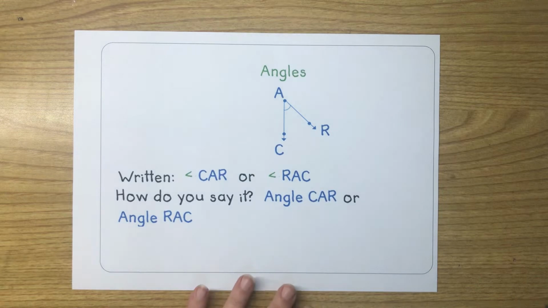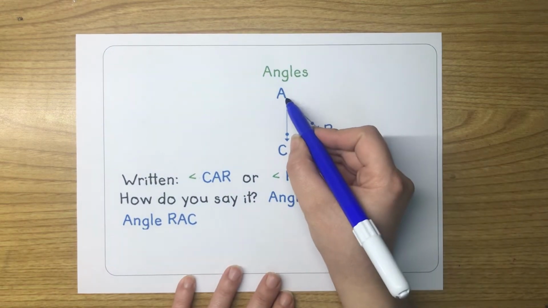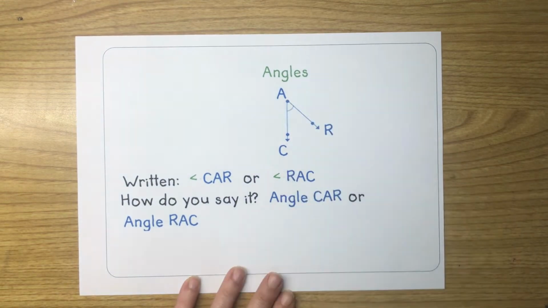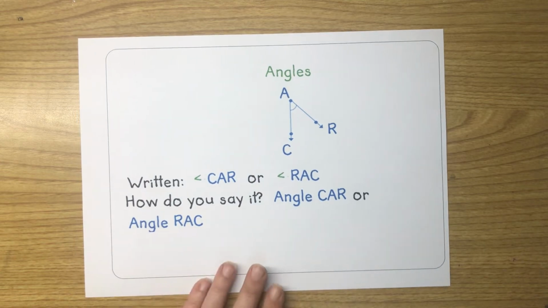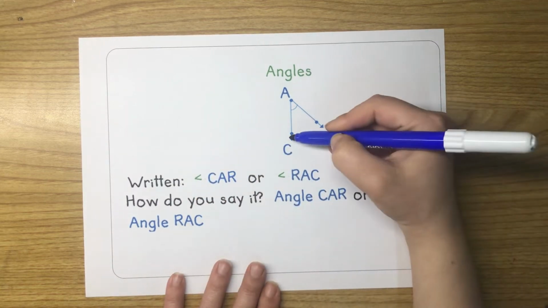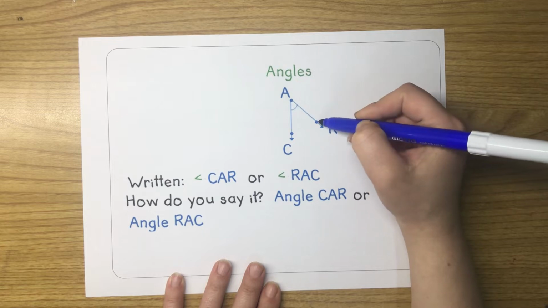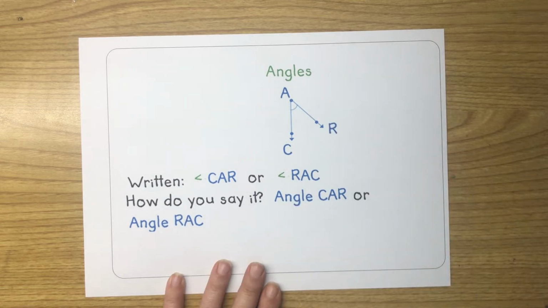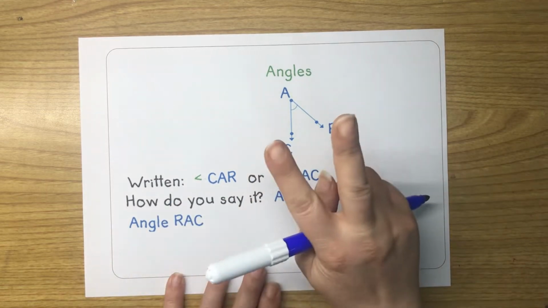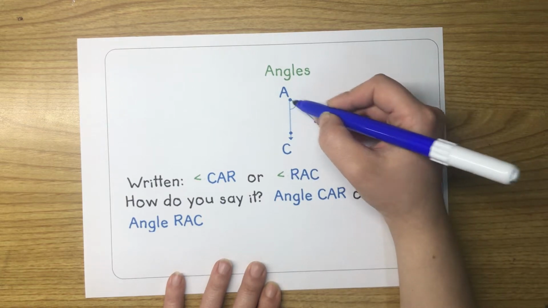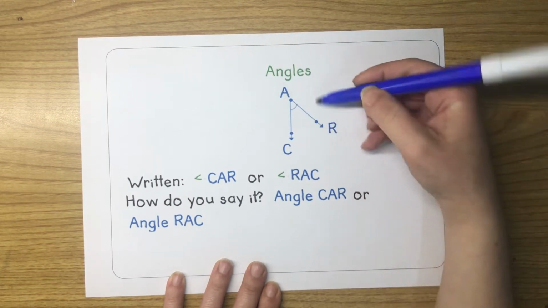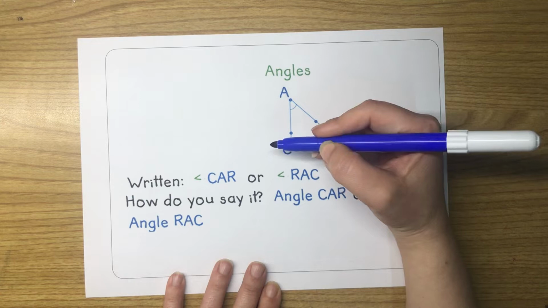Next, angles. What are angles? Angles are two rays starting from the same point. So, how do we read it? You can read it in both ways, starting from C, going to A, after that going in the direction of R. So you can name it C-A-R or R-A-C.